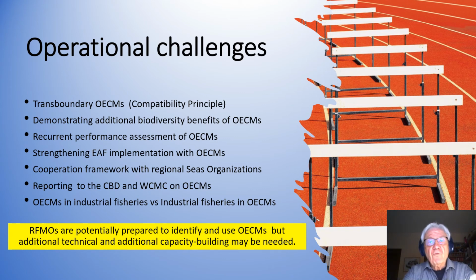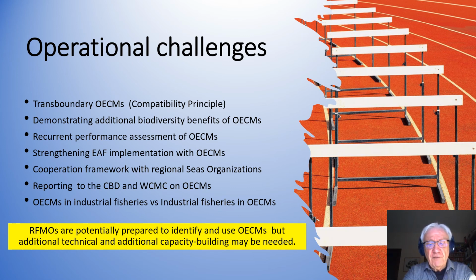OECMs also raise a number of operational challenges, often in both areas under and beyond national jurisdiction. For example, there is a need to coordinate the management of transboundary OECMs under the principle of compatibility to effectively protect shared straddling stocks and habitats.